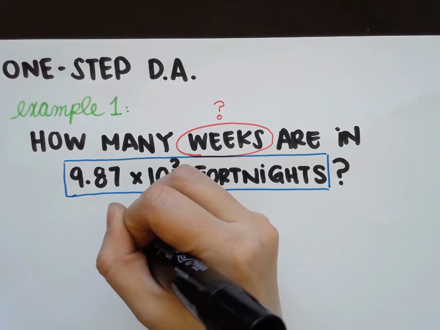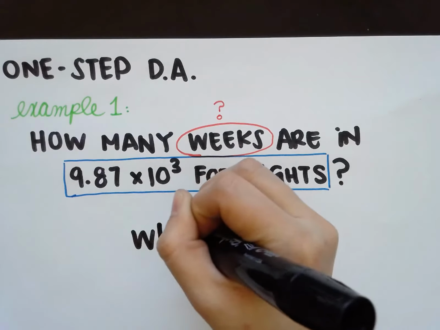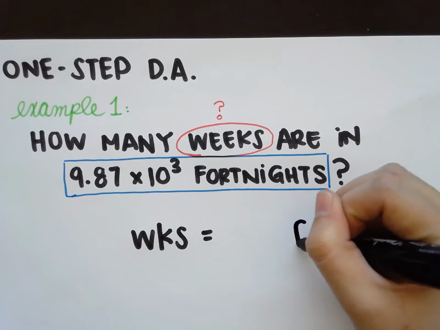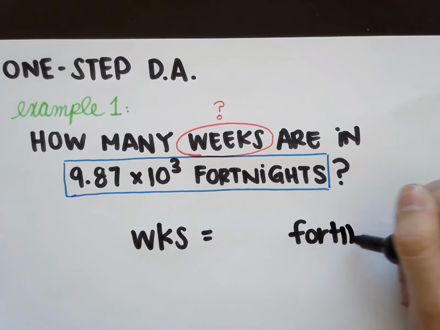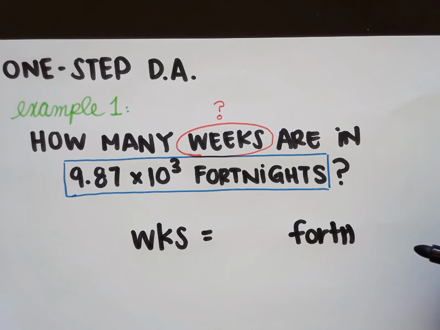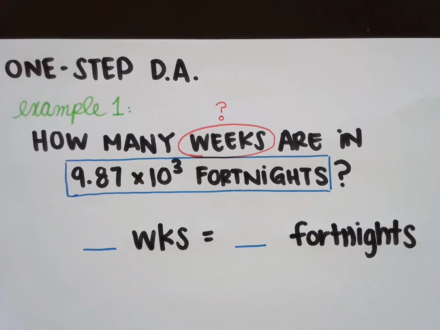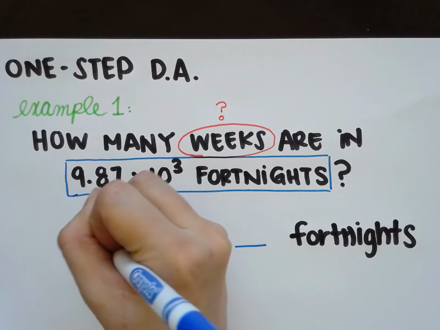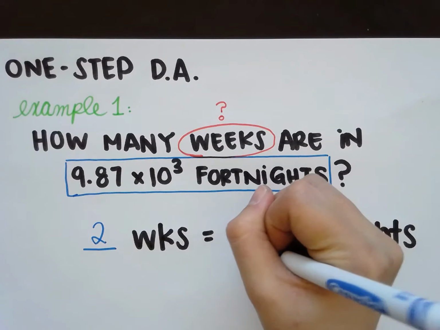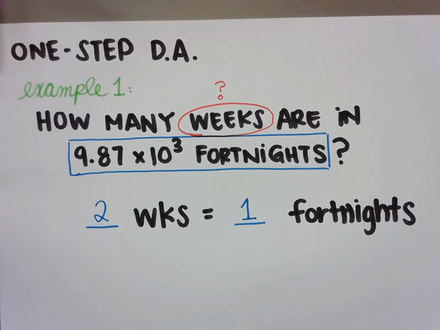Is there a way that I can make weeks equal to fortnights? If you were to look and find the equivalent relationship, you would see that 2 weeks is equal to 1 fortnight.